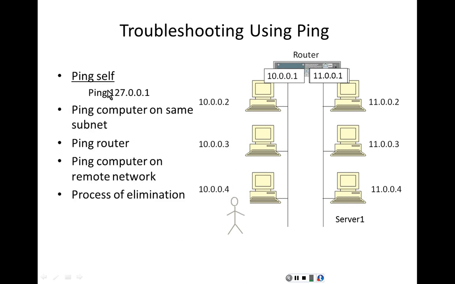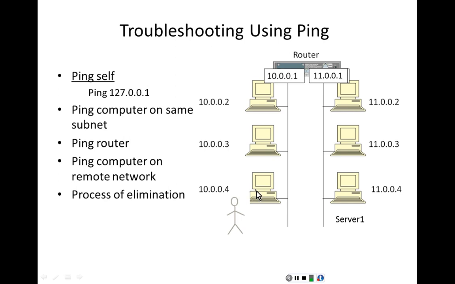And first, we use the ping command to just see if we can ping ourselves. So we stand at workstation 10.0.0.4, and we type ping 10.0.0.4, and we would expect to get a response, because you would expect you can ping yourself. Now, if you can't even ping yourself, then something is wrong with this workstation. You might have to check your IP configuration.